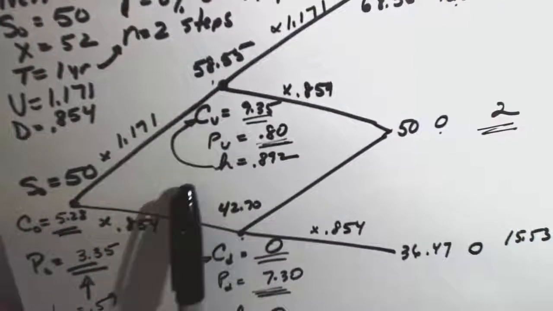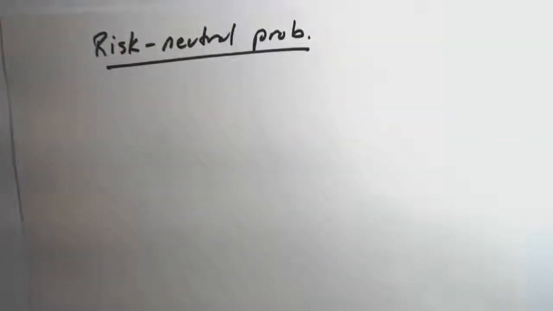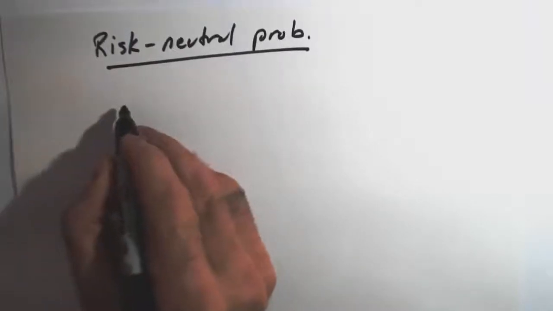Probabilities don't show up anywhere in these calculations. But I'm going to introduce them now because I'll show you a really nice, simple shortcut. It's a shortcut, but you're going to lose all of the rich intuition I just showed you with developing the tree and hedges, and how an option can be valued based on its ability to hedge the stock. So let me jump into risk-neutral probabilities and show you the shortcut.